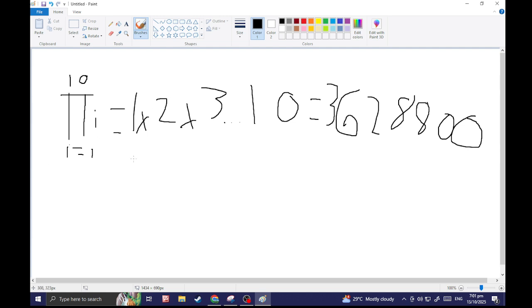It also has the same function as factorials. So let's say 10. Let's remove this real quick. 10 is equal to, so multiplying all natural numbers.